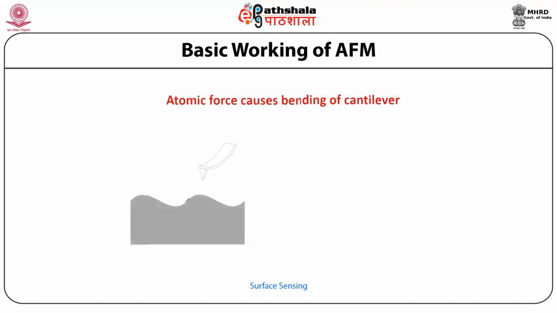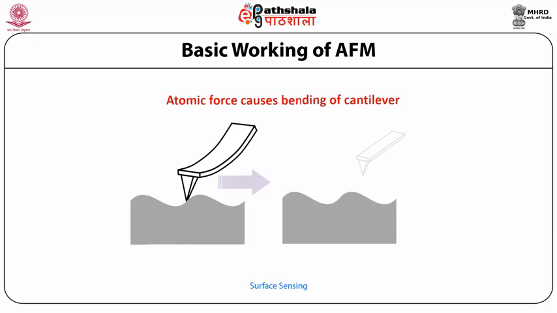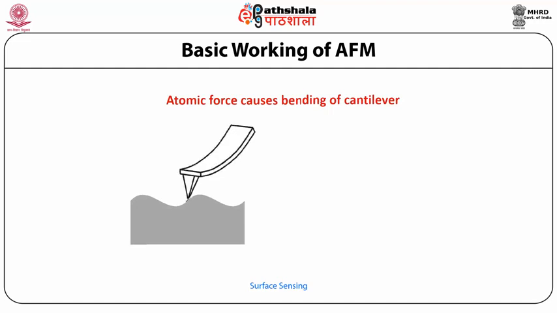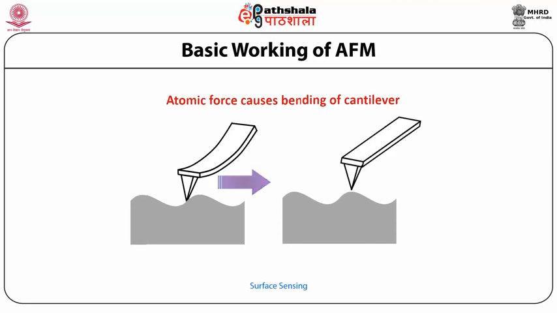Surface sensing. A cantilever with a molecular sized tip is used to scan over the surface of the sample and measure the forces between the cantilever tip of dimension less than 10 nanometer and the surface at very short distances, nearly 0.2 to 10 nanometer.